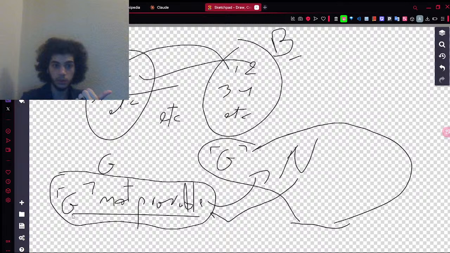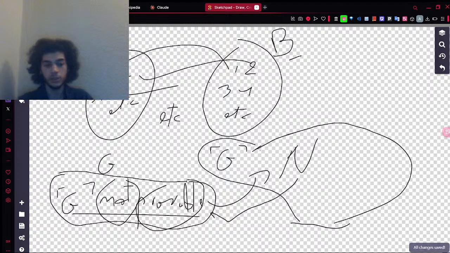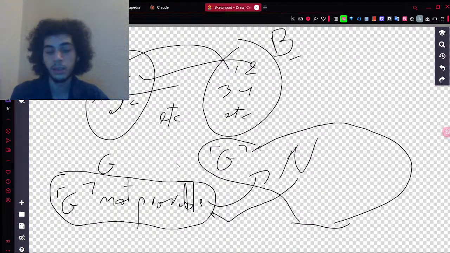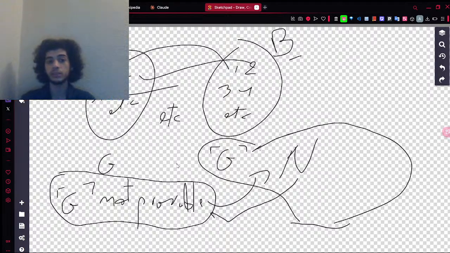G here would be false. But we just said it's provable, then it would be provable and not provable at the same time, and that would be a contradiction. Which means the only other option is that it's not provable.